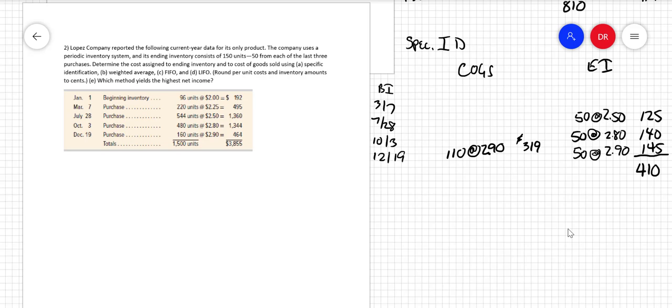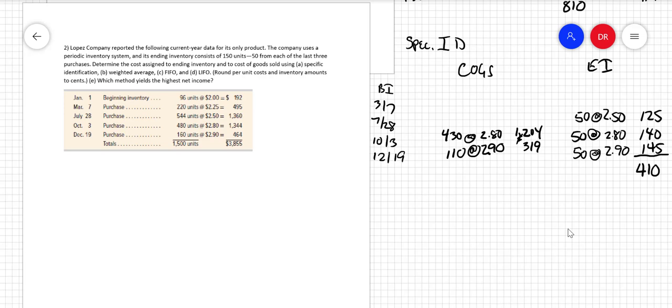Then on October the 3rd, we have 480 units purchased, but 50 in ending inventory. That means 430 were sold at $2.80. So that means we have 1,204 in that cost of goods sold.